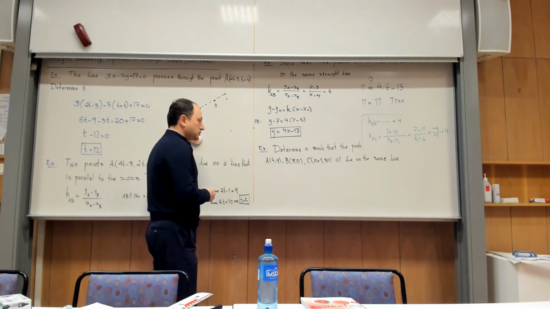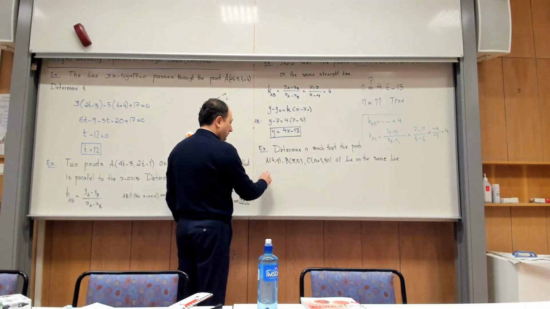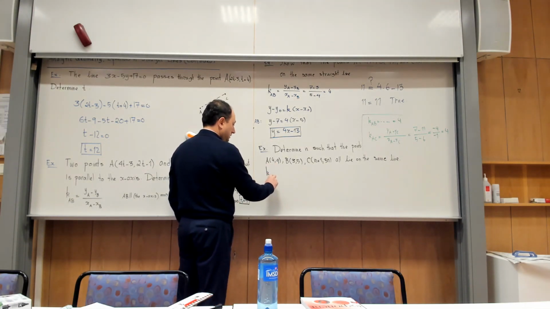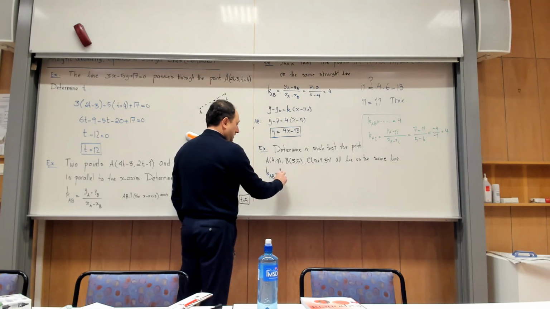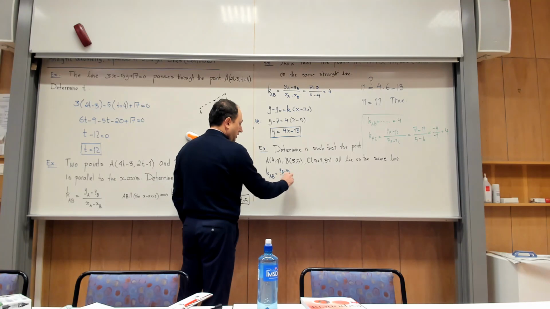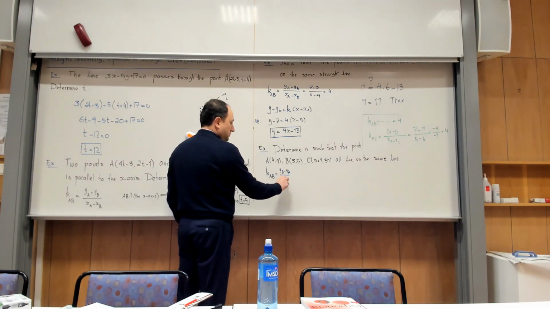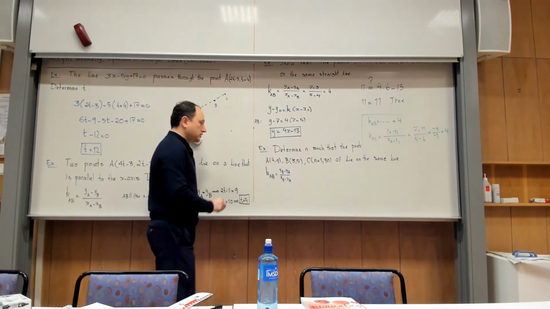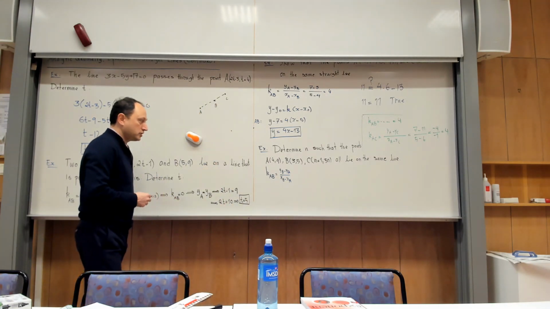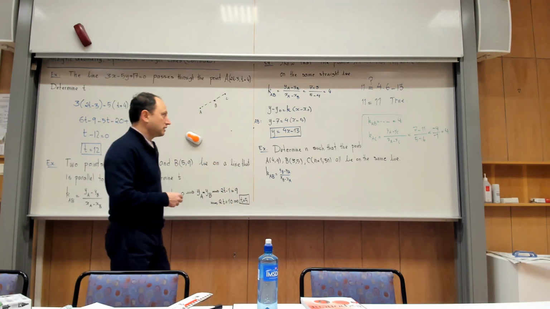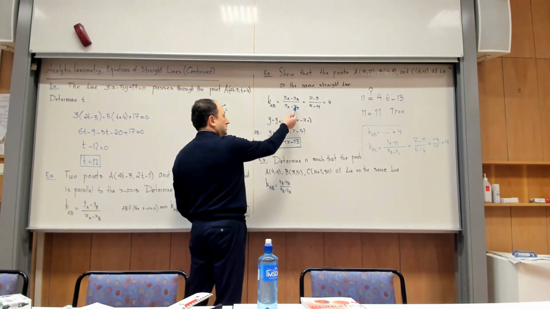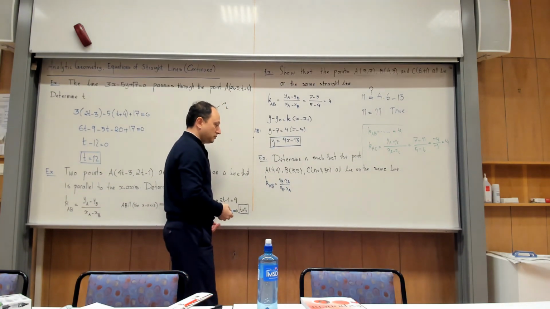So what I am supposed to do, I calculate k of AB here, which is y of B minus y of A, let me write it the other way around this time. You see, when I start with B, I have to start with B in the denominator as well. So as far as I respect this, it doesn't matter which one you write first, which one you write second. I intentionally wrote one in this form, one in this form, but they are the same. Yes?